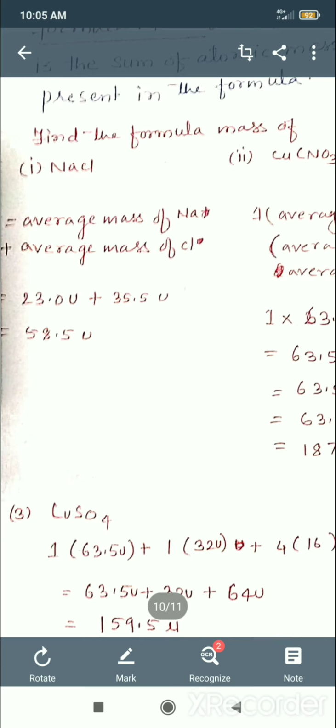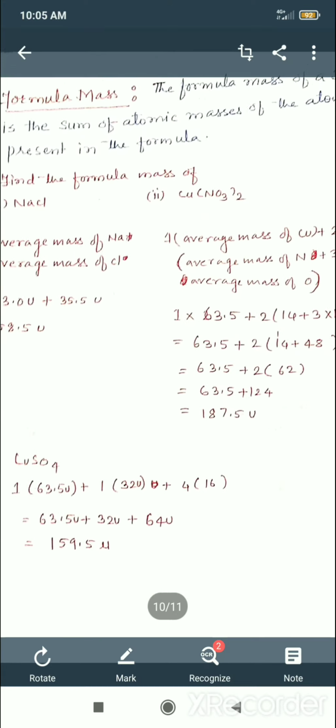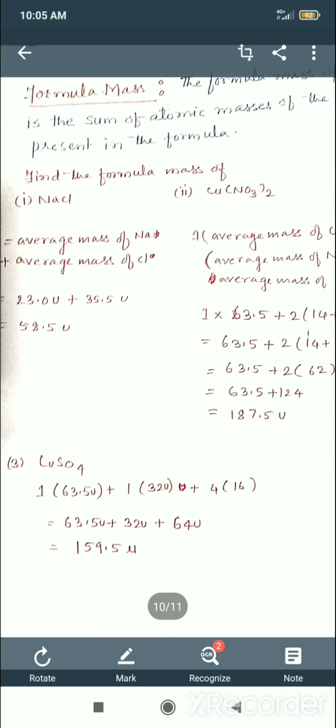So you have to take the sum of this. 35.5 plus 23 is 58.5, the average atomic mass. We have taken the formula, and from that formula you have to take the atoms present in that formula. You have to take the average mass of the formula.